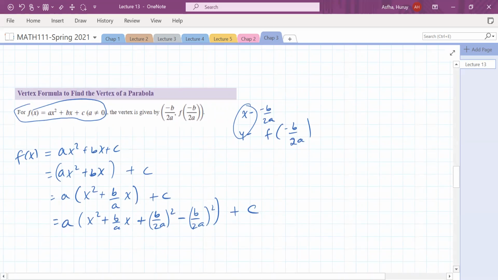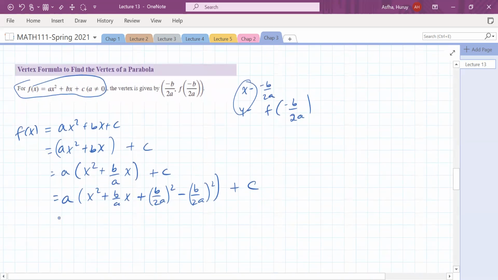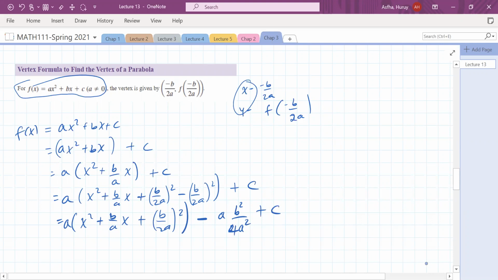Okay, and now we move this one out, and when we take this one out, we have to multiply it by this a. So we have a times x squared plus b over a x plus b over 2a squared, minus a times b squared over, the square of this one is 4a squared, plus c.